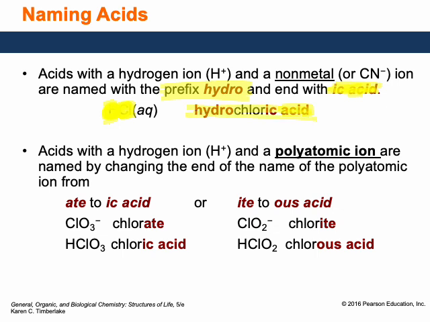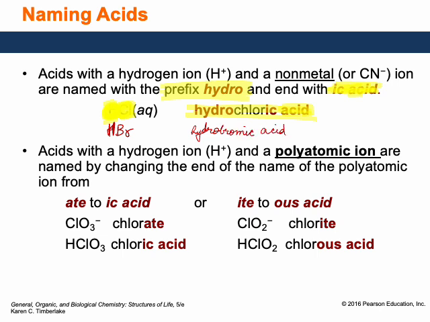Okay. Another example we could think of is HBr, another one of these acids. What you see here is that it starts with an H and there is a non-metal next to it, which means this is also an example of an acid. So how would the name be? It would be hydro, and the ion is called bromide, so instead of ide it would be hydrobromic acid.